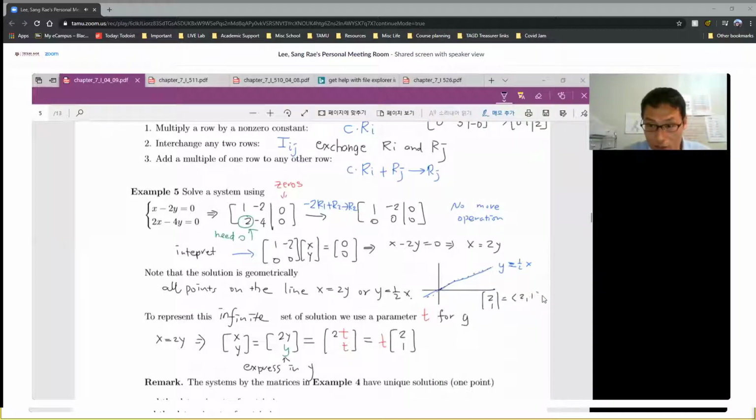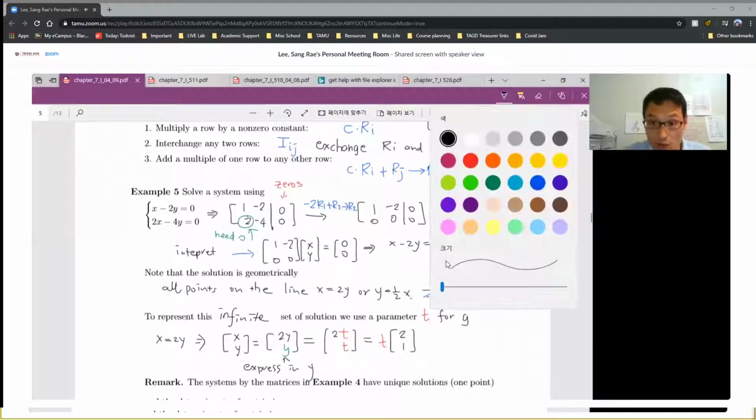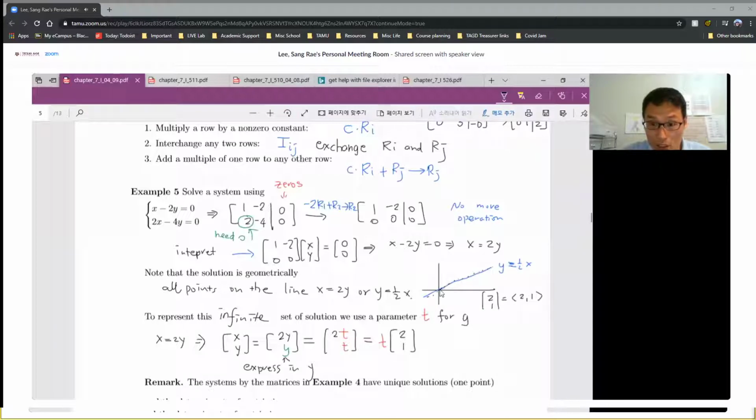Actually, (2, 1) is the direction vector of the line. Here is 2, here is 1. Now you see, t times (2, 1) is one good way to express the entire set of points on the line.